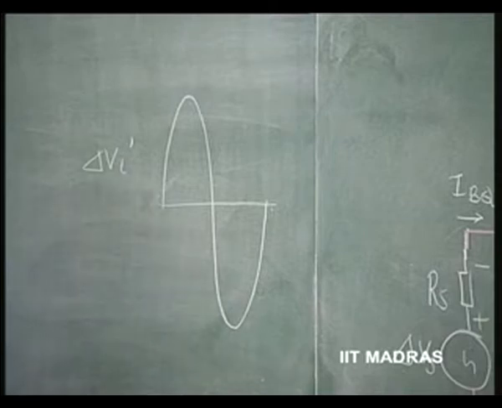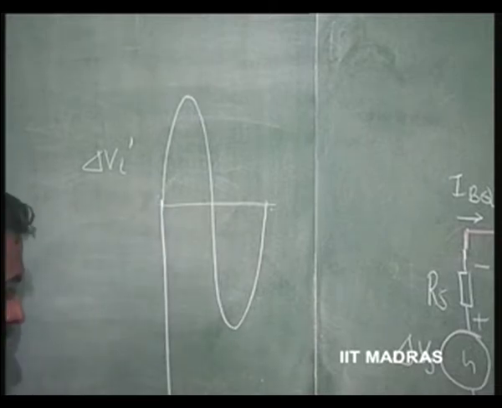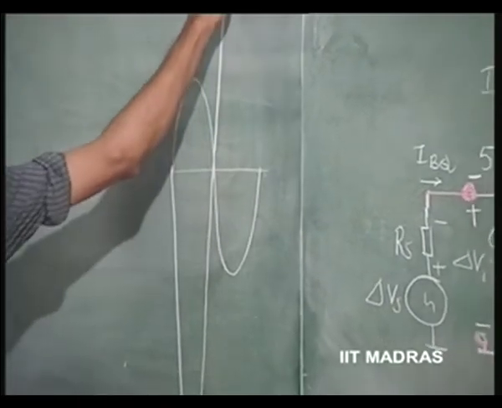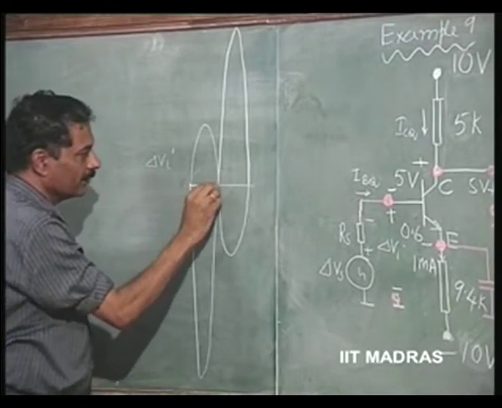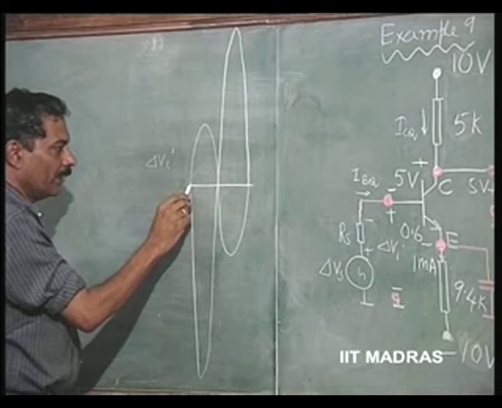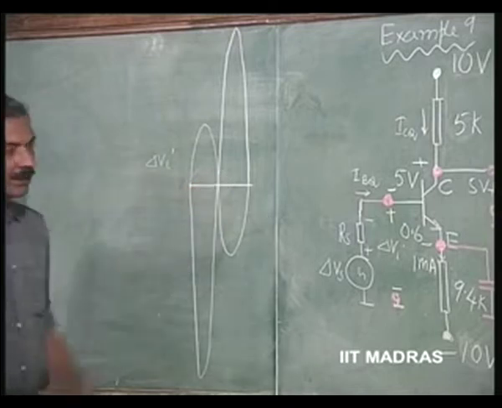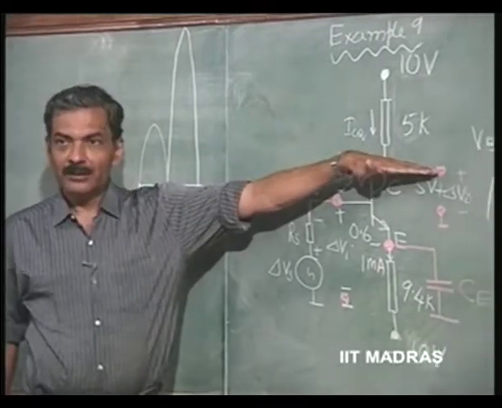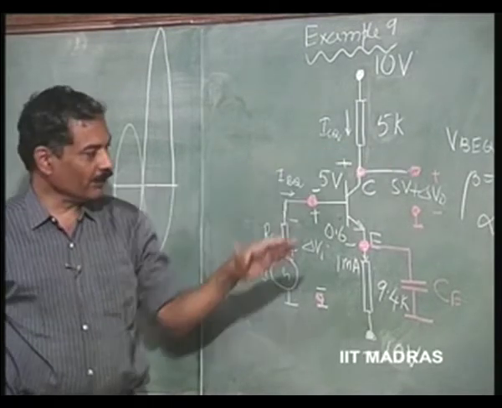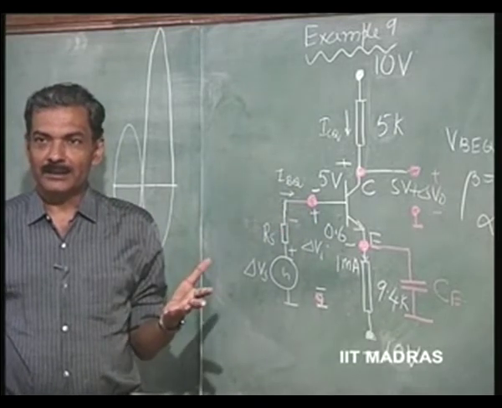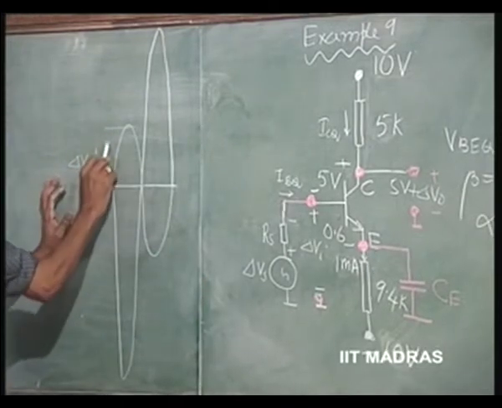What it means is, it is going to be amplifying it, but it will be negative, that means it will be decreasing, and it will be 191 times amplified. This is not to scale, this just indicates how it is going to look. This is the quiescent situation 0, and if you plot this also around 0, this is how the output will look. But this output will be on a pedestal of 5 volts. Suppose therefore, delta Vi is of the order of, let us say, 10 millivolt peak. So, this is 10 millivolts.